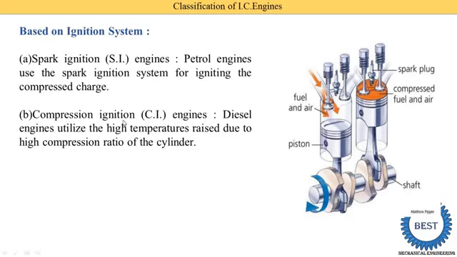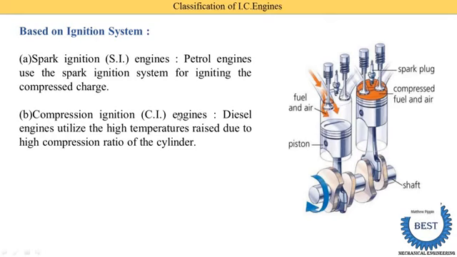Now what is a compression ignition engine? The compression ignition engine is known as the CI engine. The diesel engine utilizes a high temperature rise due to the high compression ratio of the cylinder. In a diesel engine, first we supply only air for compression, and due to compression the pressure and temperature of the air increase.